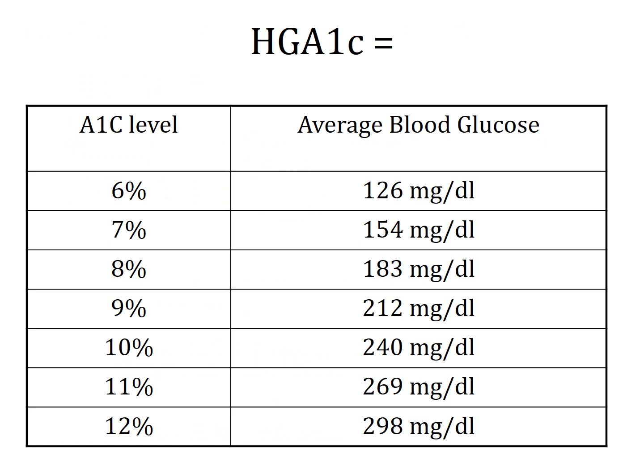And if you look at A1C levels, and this has been worked out fairly nicely, you can look at an individual's A1C level, and based on their A1C level, you can get an idea of what has been their average blood sugar. So the higher their blood sugar, the more sugar is available to react with hemoglobin, therefore you make more A1C.